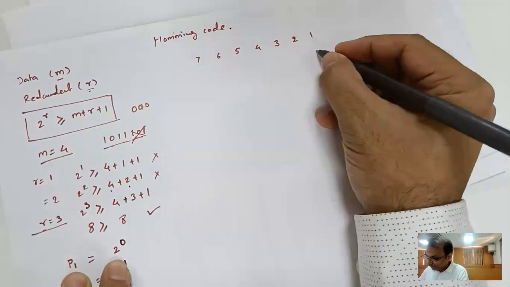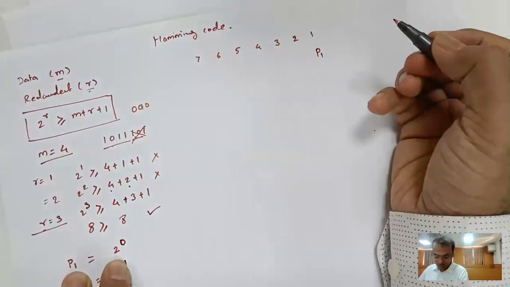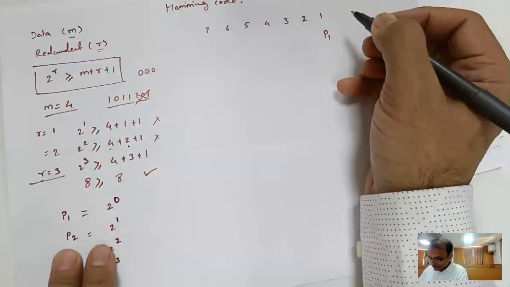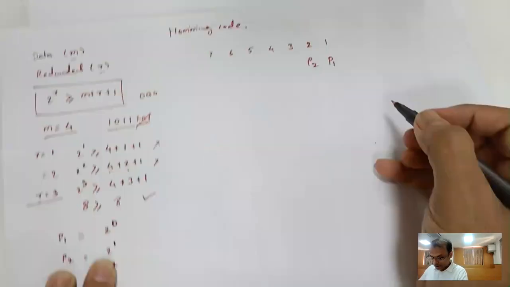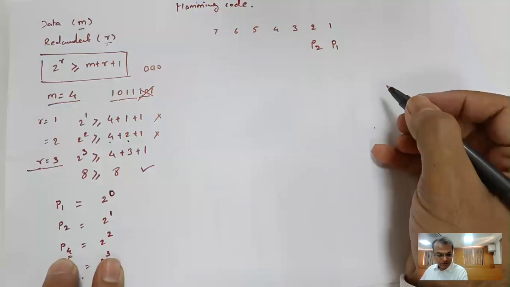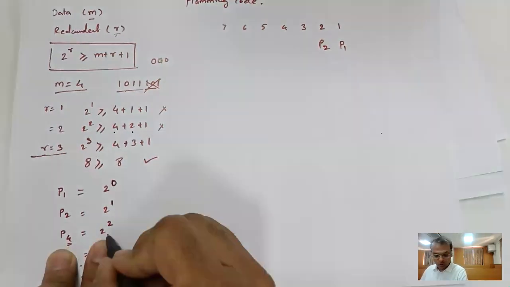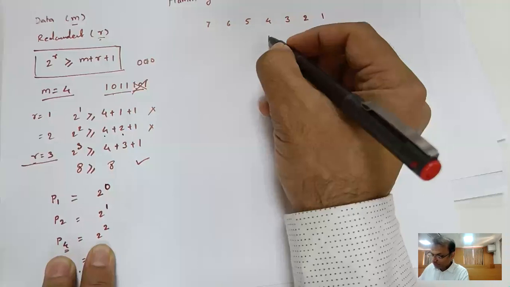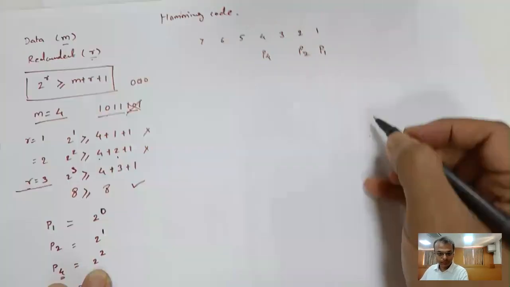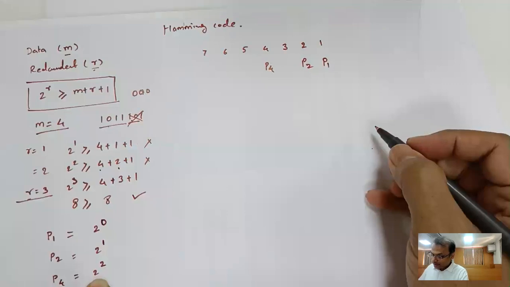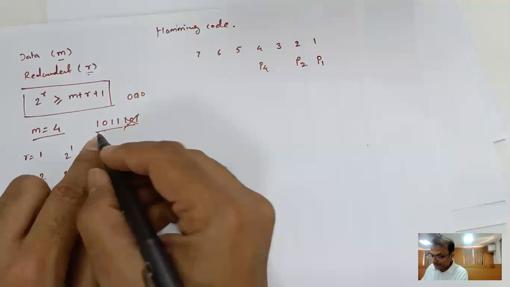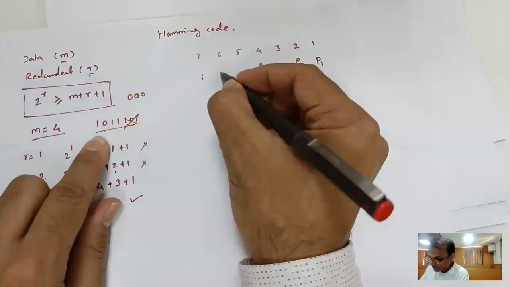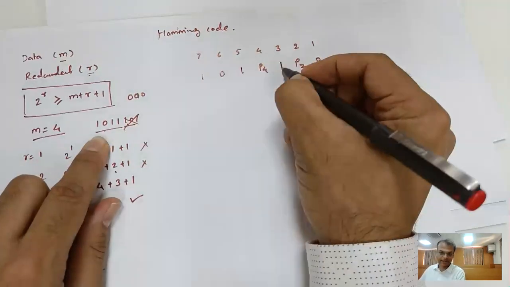So P1 will go here. The next bit will go at the immediately next position, 2 raised to 1, the value is 2 here. So P2. But the next bit, which is P4, will go at 4th position. And the original data will go as it is. So the data will go as 1 0 1 1, like this.